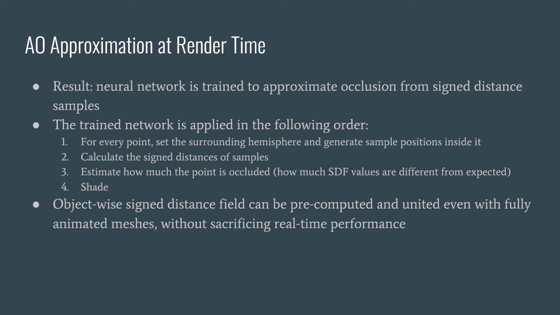The signed distance field for the object can be pre-computed and updated even with fully animated meshes, which makes real-time rendering plausible. In this picture, you can see that the network trained using 32 different scenes makes a good approximation of the ground truth, whereas NNAO and HBAO make some incomplete and inaccurate results.